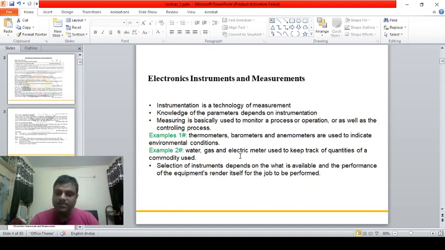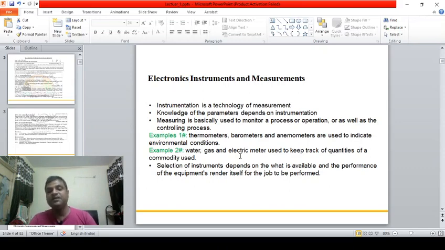Similarly, the selection of instruments depends on what is available and the performance of the equipment that renders itself for the job to be performed. For example, a thermometer is used to indicate the environmental condition. This thermometer is equipment that renders itself for the job of measuring temperature.